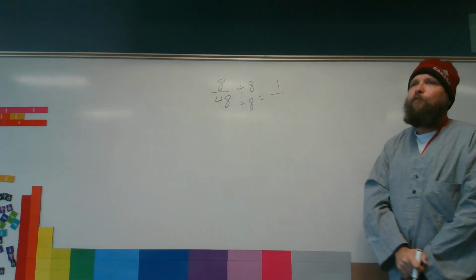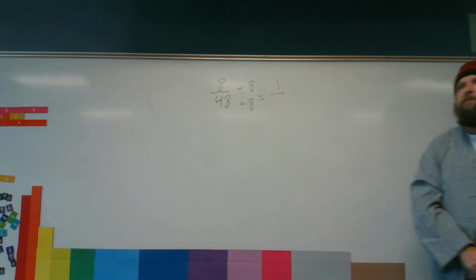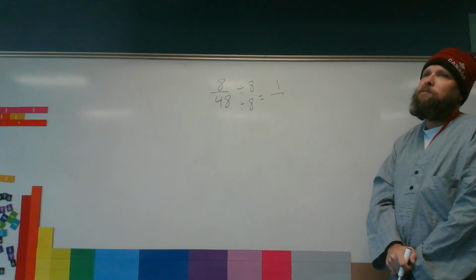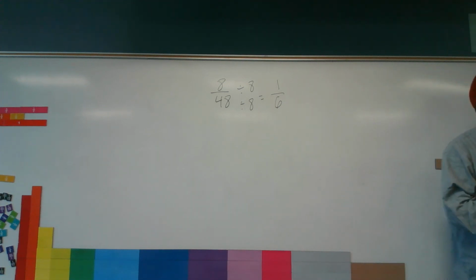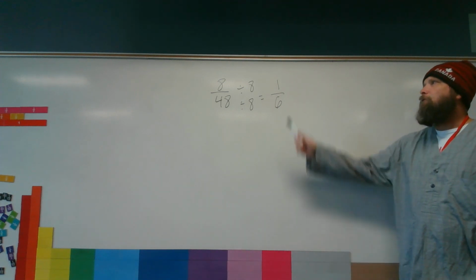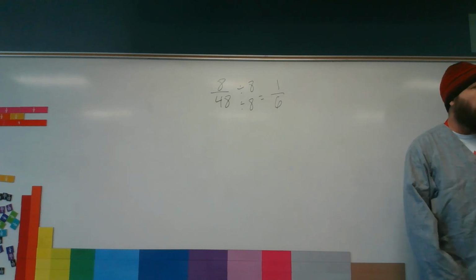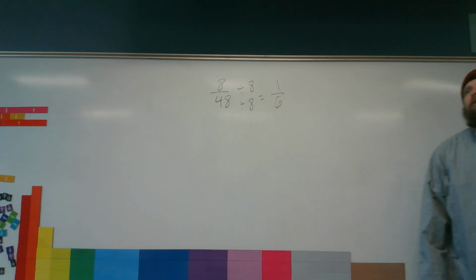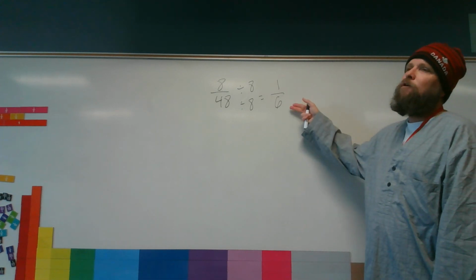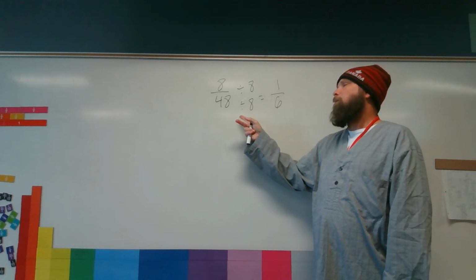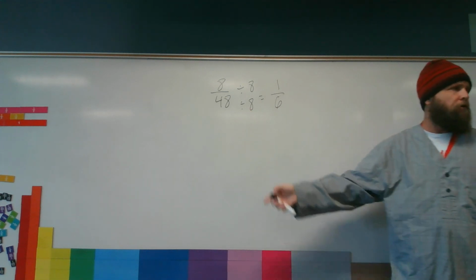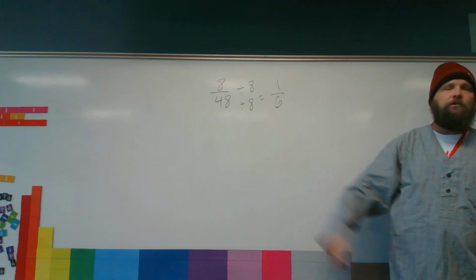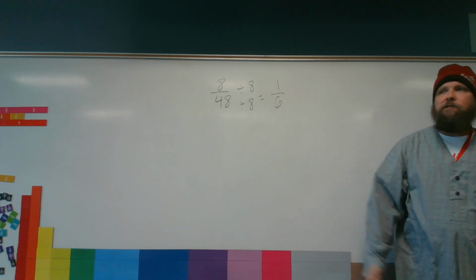And what is 48 divided by 8? 6. And 1/6 is simplified. Anytime you have a fraction that has a numerator of 1, it's already simplified. If your numerator is just 1 less than your denominator, like 1/2, it's already simplified.